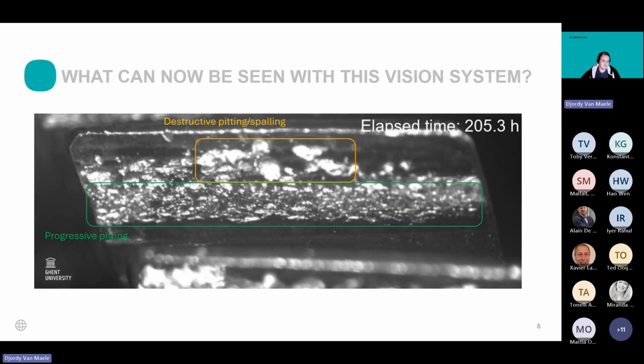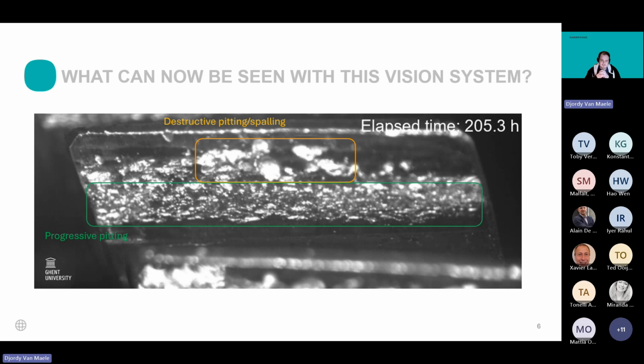As you can see, over time, as the gear continues rotating and the test continues, more and more damage starts to evolve onto the gear surface. At first, we see a lot of pitting just below the pitch line that keeps getting worse and worse over time. But then over time, we also start seeing larger pits appear.